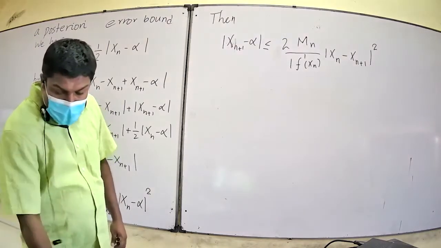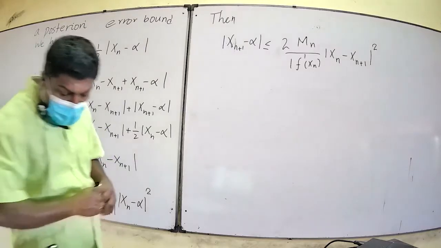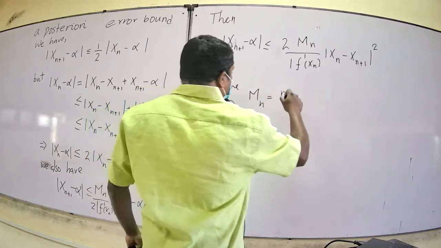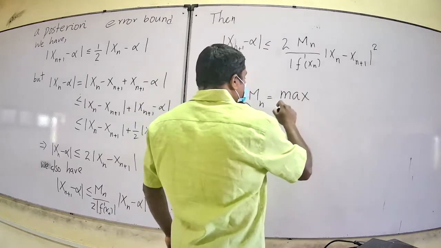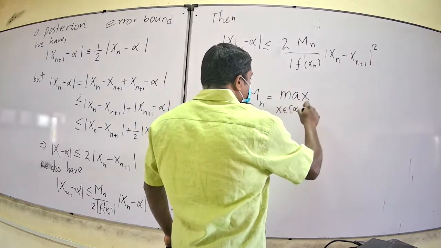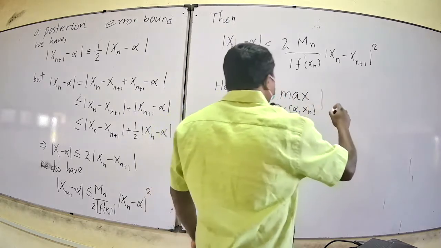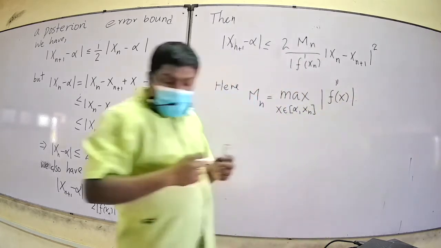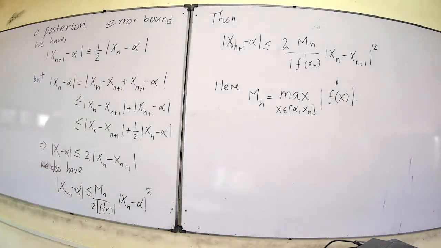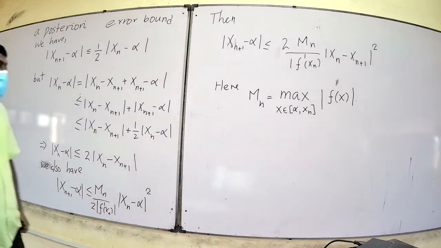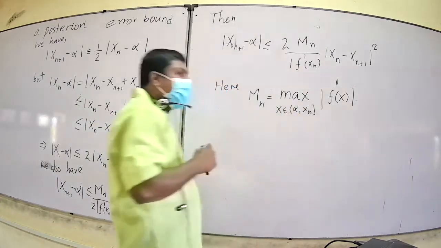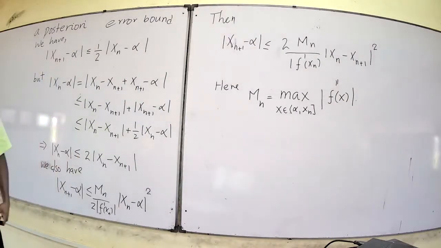So we already defined what we mean by Mn: the maximum of the second derivative of the function between alpha and xn.